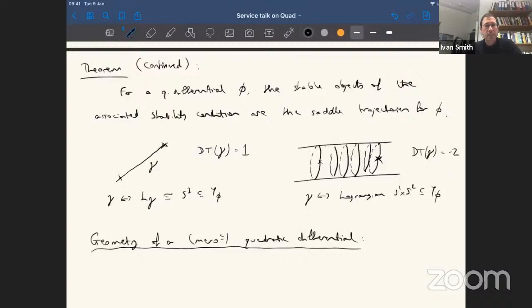So let me say a little bit about the geometry of the quadratic differential.